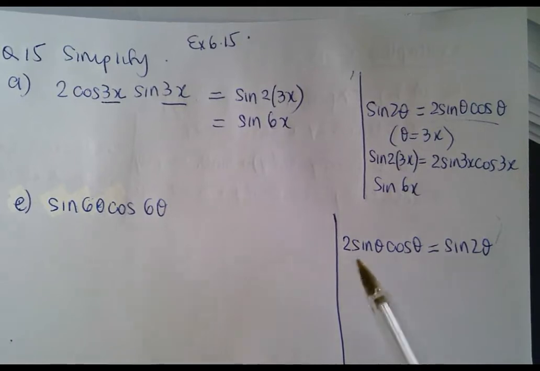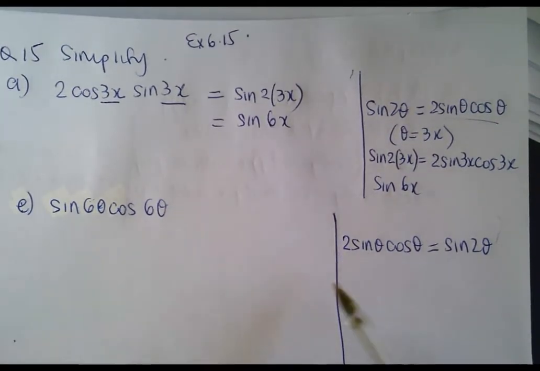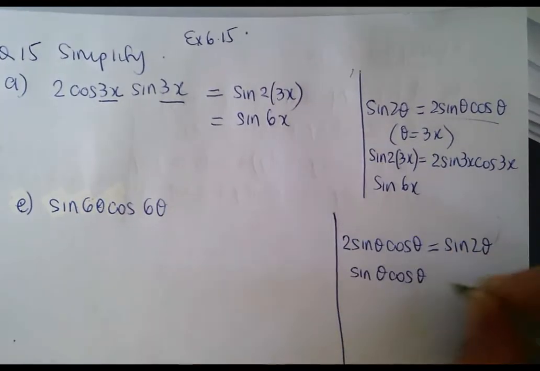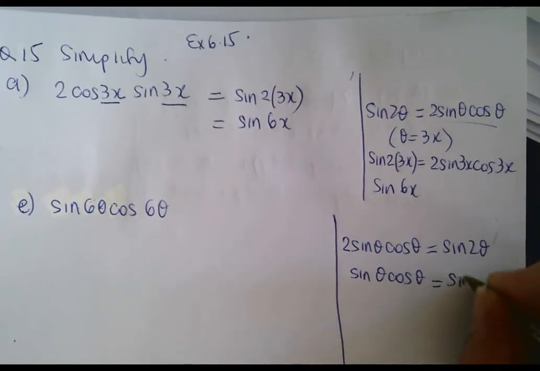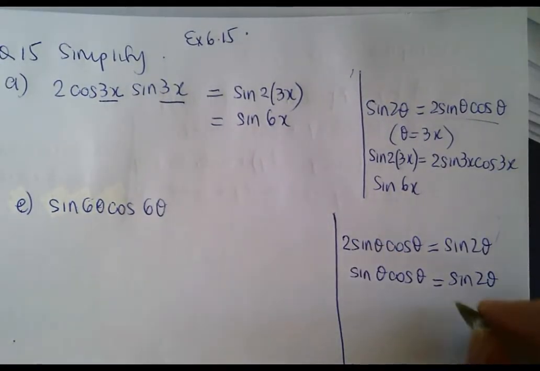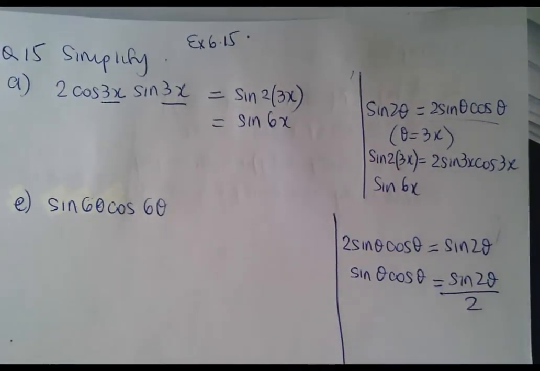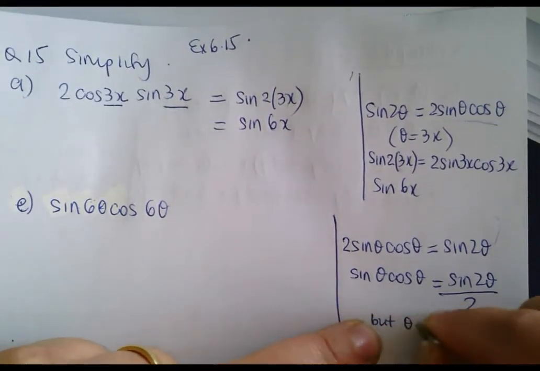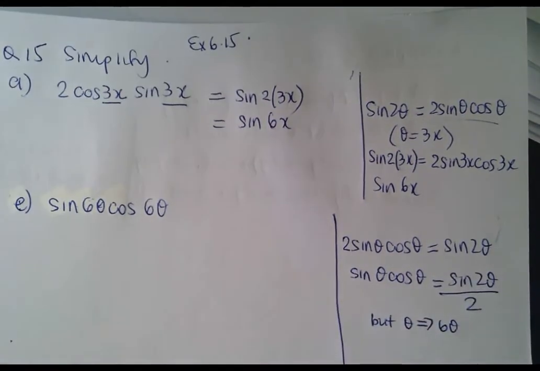But this question doesn't have the 2 in the front. So what do I do? Divide by 2. The format that you've got is sine theta cos theta. So what do I do with the 2? Divide. Now that's the format you've got. But in your question, you don't have theta. What do you have in place of theta? 6 theta. So we're going to replace theta with 6 theta.